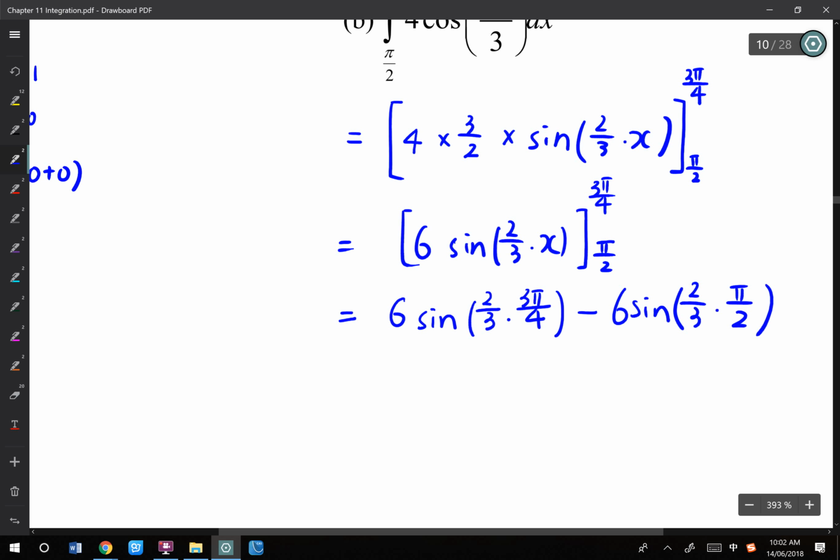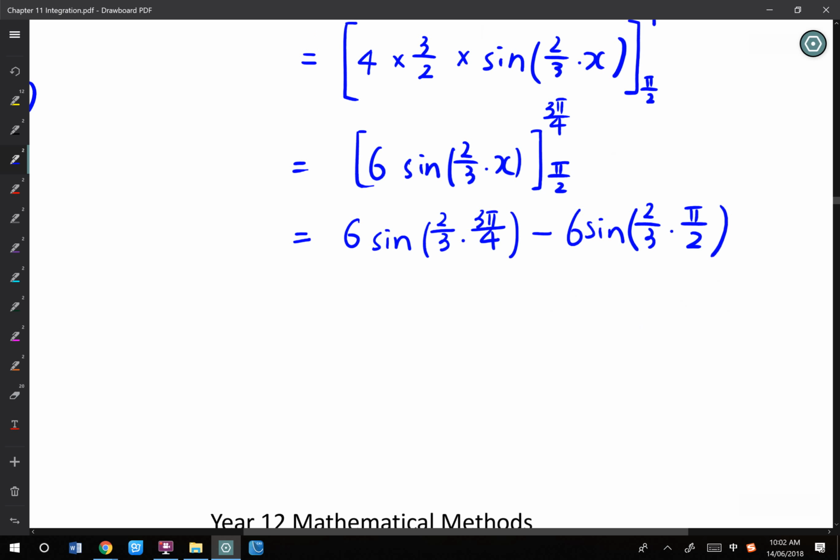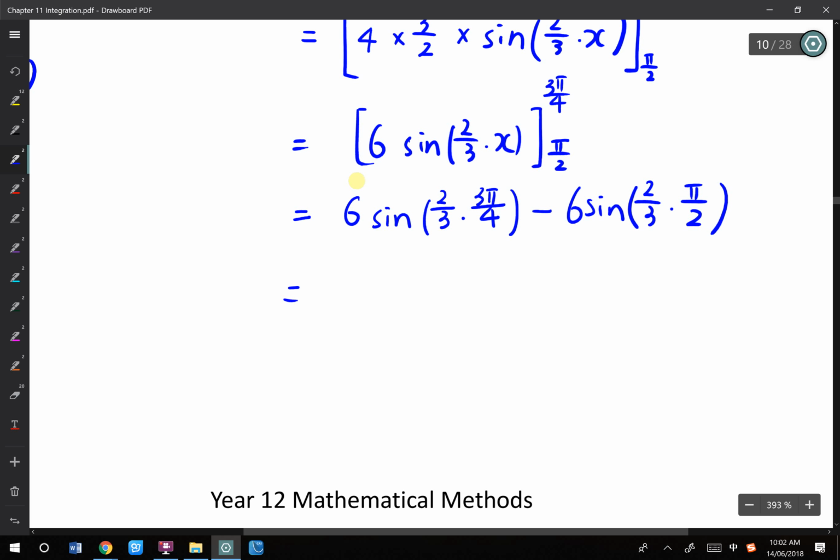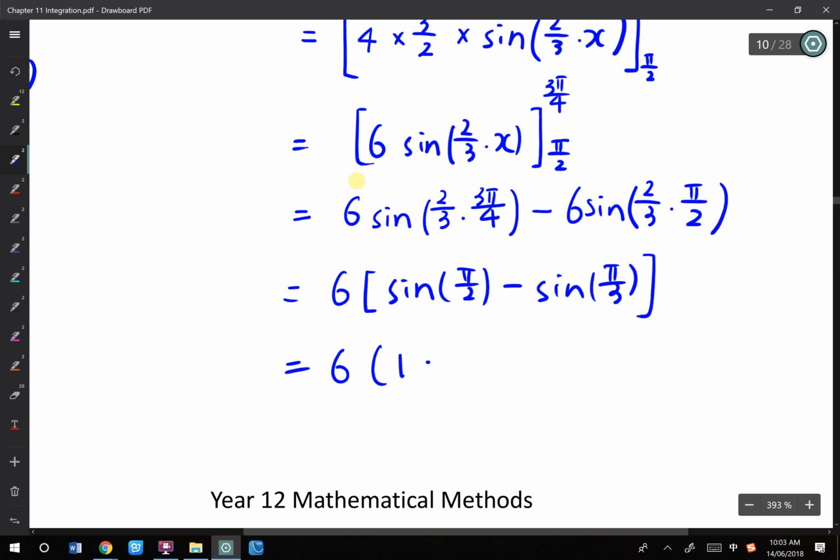Okay, that's the 2 substitutions: top one minus the bottom one. So that's 6 times sine pi over 2 minus sine pi over 3. Sine pi over 2 is 1. Sine pi over 3 is root 3 over 2. And that's 6 minus 3 root 3.